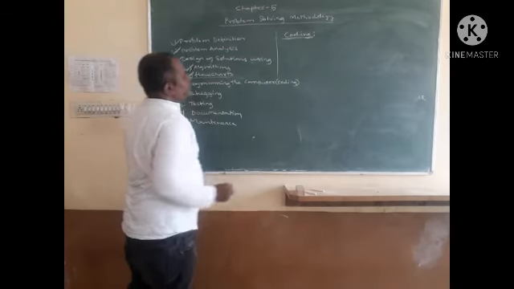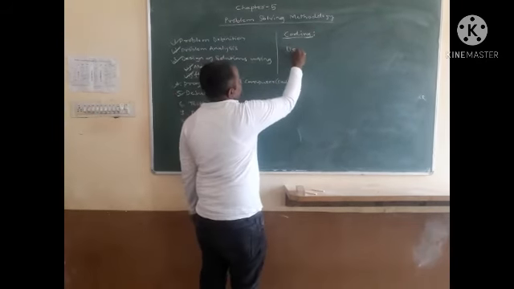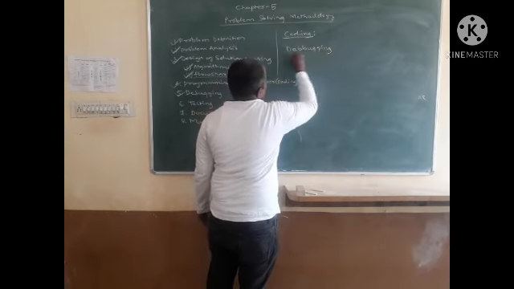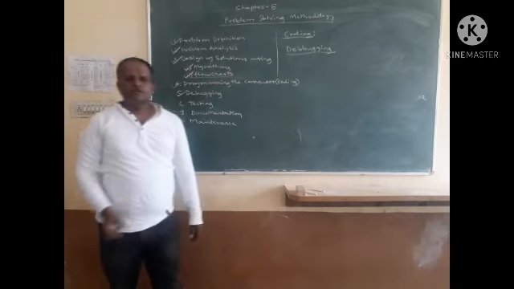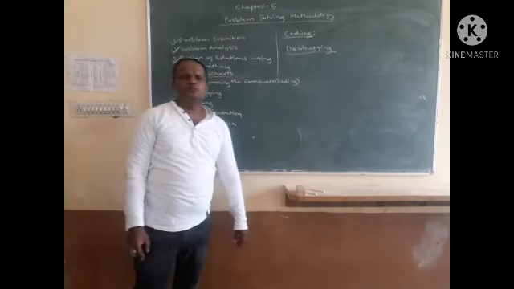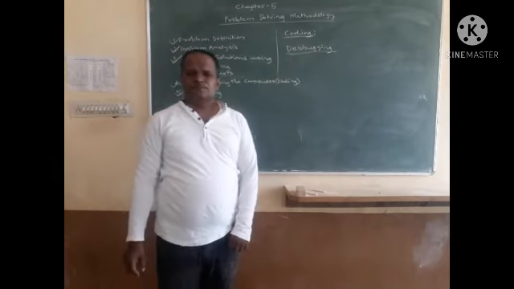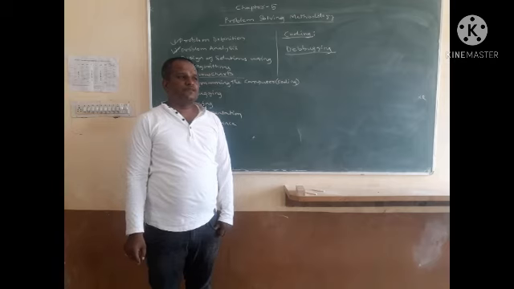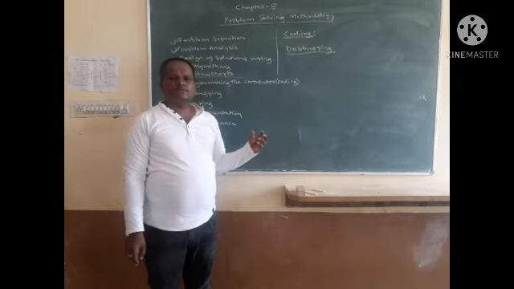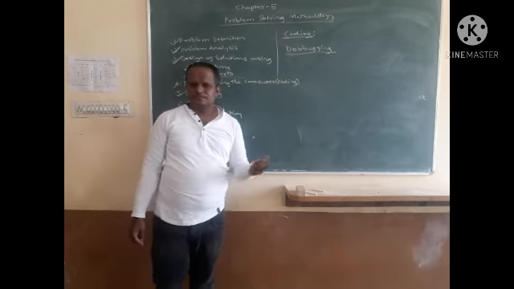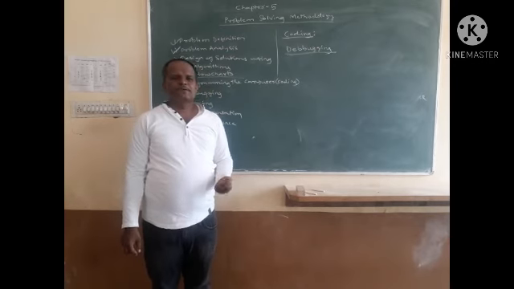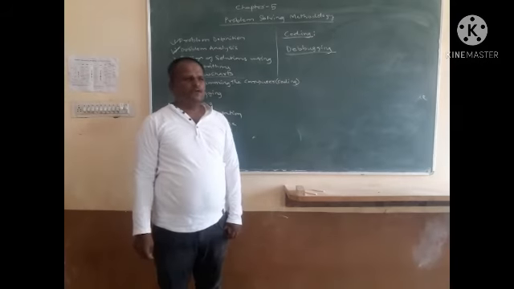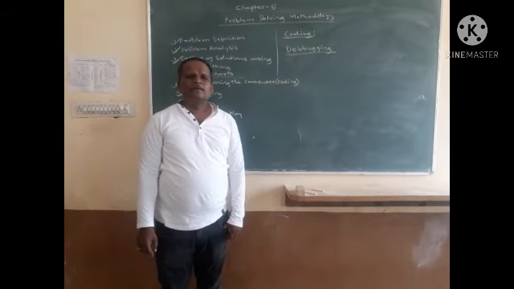Then next we have debugging. Once we have written the program into the computer, we first have to find the errors. Man is full of mistakes. Being human beings, we can make so many mistakes. So for that we have a process that we call debugging the program.